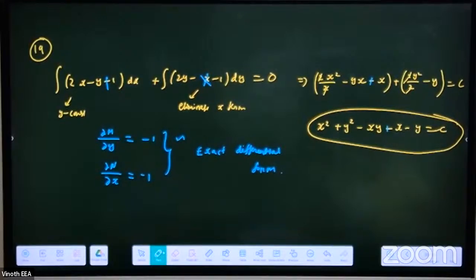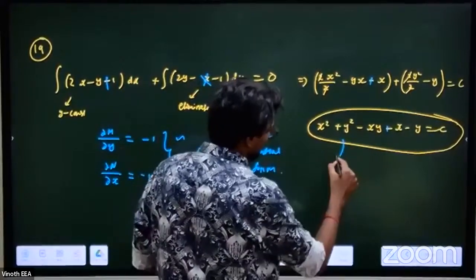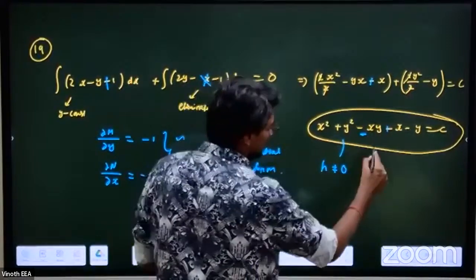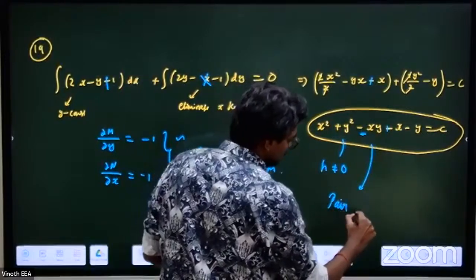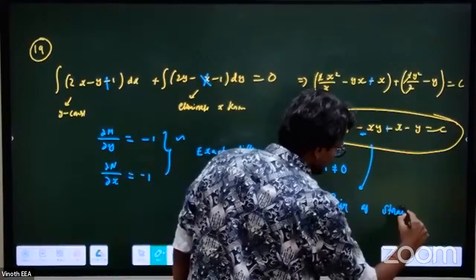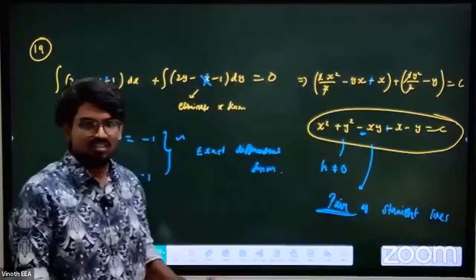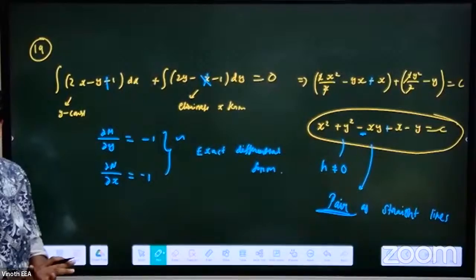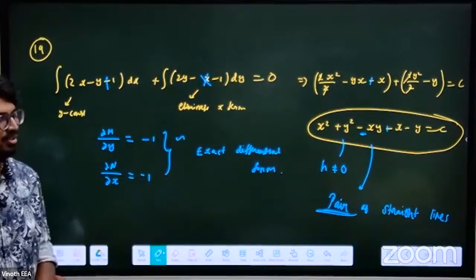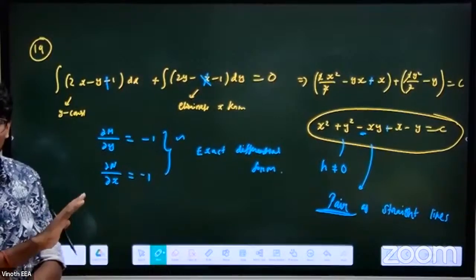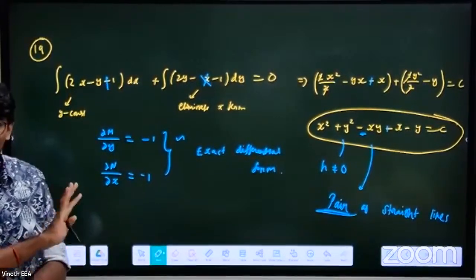First, h equal to 0 or h not equal to 0, it is in the basic sheet. Our equation is straightforward, my h is not equal to 0. h is the coefficient of xy, which is not equal to 0, so this belongs to a pair of straight lines. Not one line, two lines, a pair of lines. I'm not very sure, I think it depends on the equation, but it is not one line, it is a pair of straight lines, that's all.